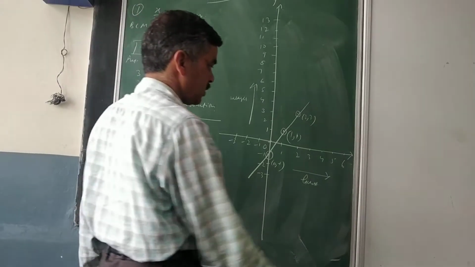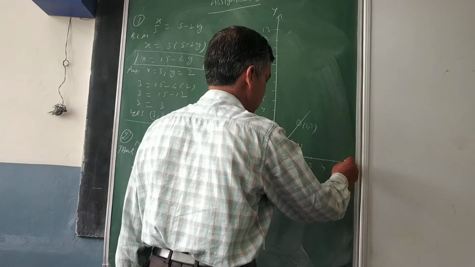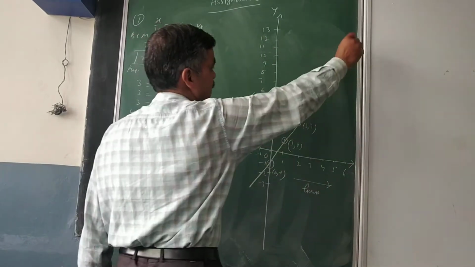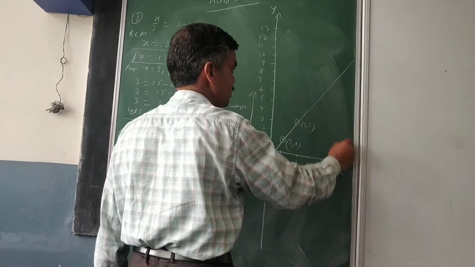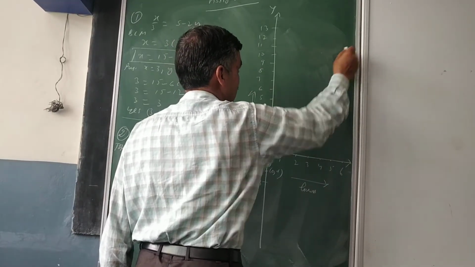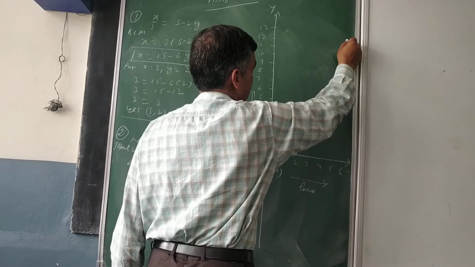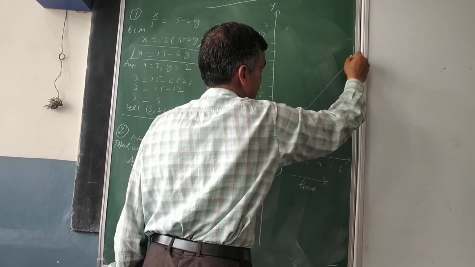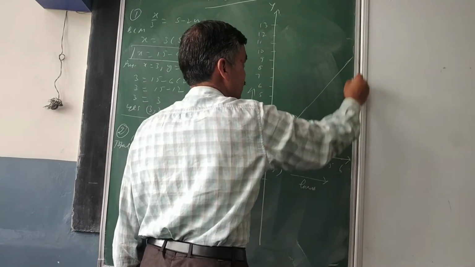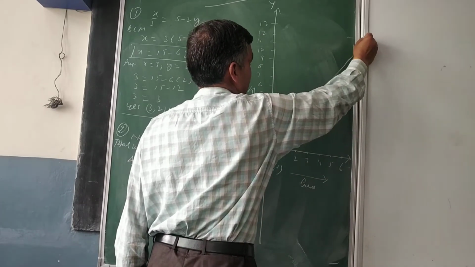What you have to do is at 6, you extend this line, then put the scale on 6 and mark the point somewhere. I think it will go up, and somewhere here you will get the x. I will extend this, put the scale there and mark the dot there.